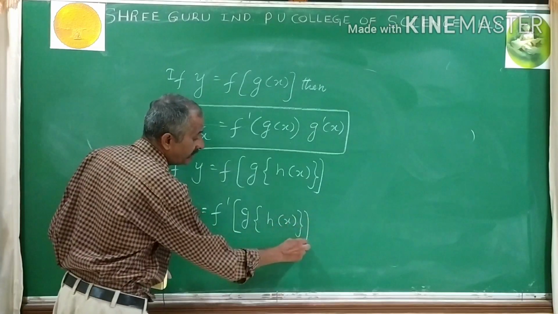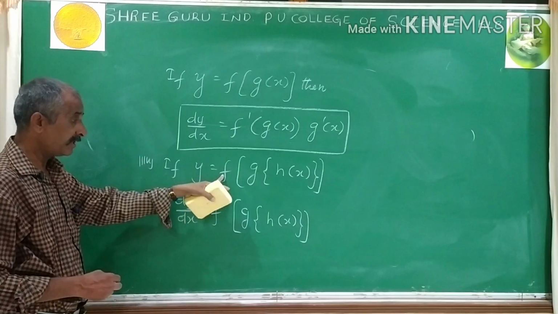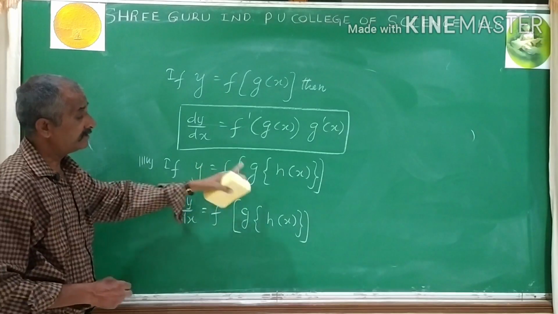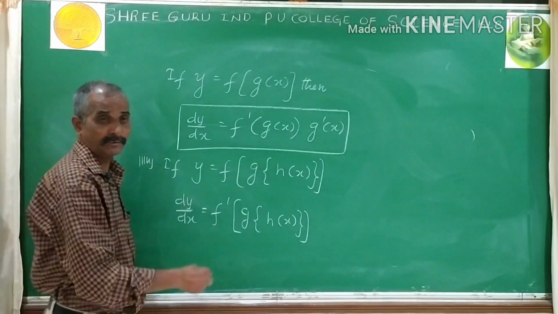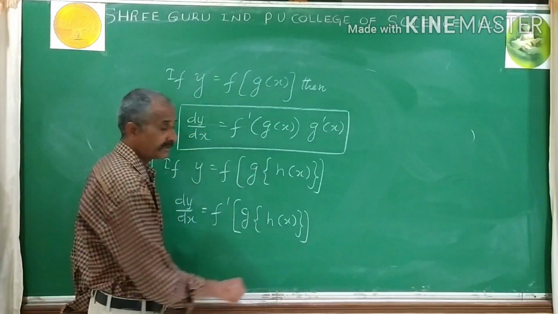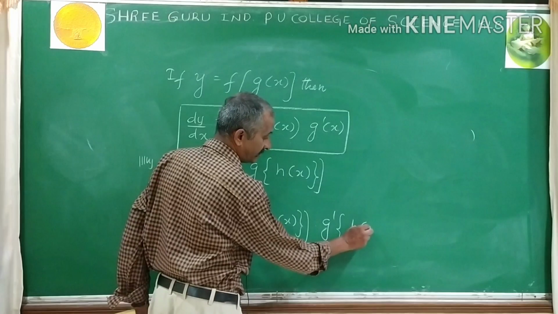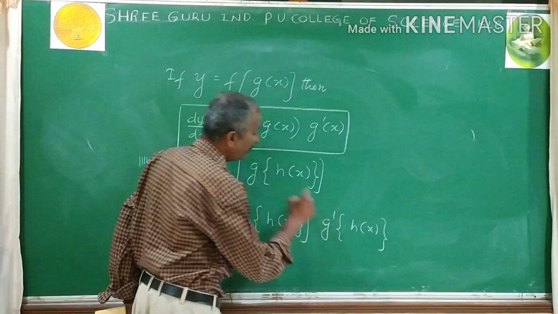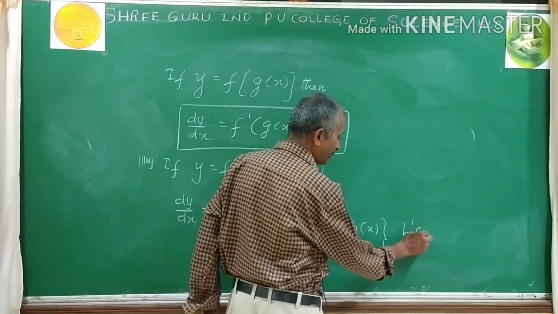Now keep in mind, what we wrote is only the differentiation of the f function, but y is still undergoing the g function as well as the h function. Now we should write the differentiation of the g function, which is g dash of h of x, still not over, multiplied by the differentiation of h of x, which is h dash of x.